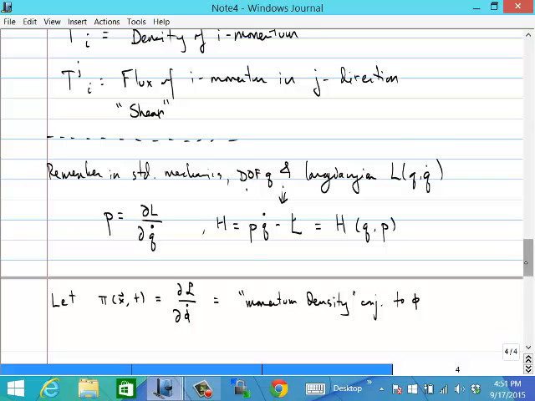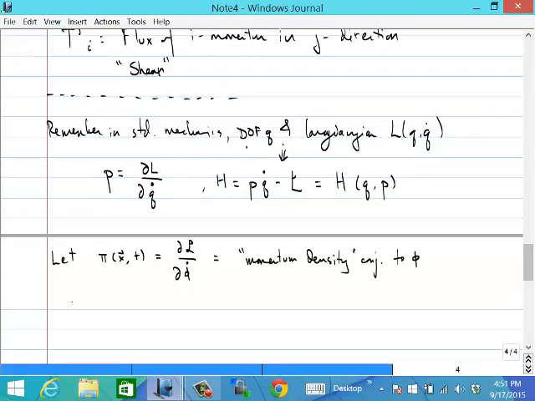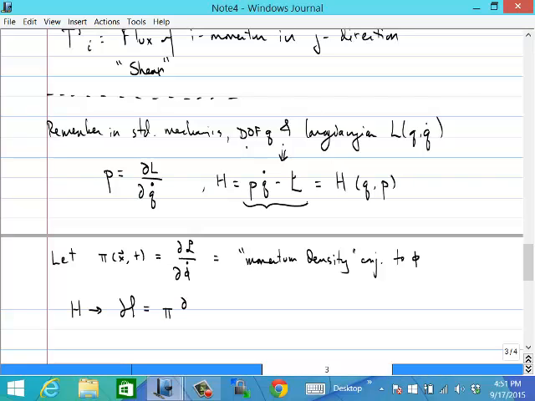And then the Hamiltonian of the system, so in classical mechanics, should be promoted to a Hamiltonian density. And what is that? That's going to be pi times, just copying down this equation here, but replacing the momentum by the momentum density and q dot by the derivative of the field.